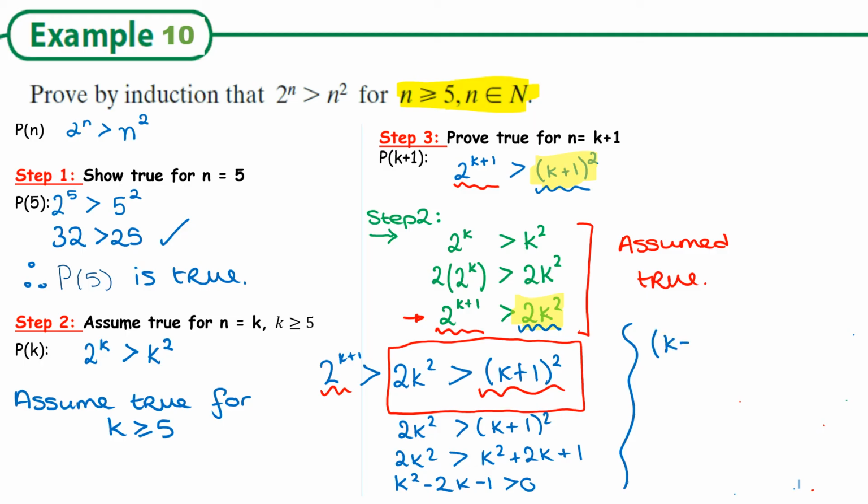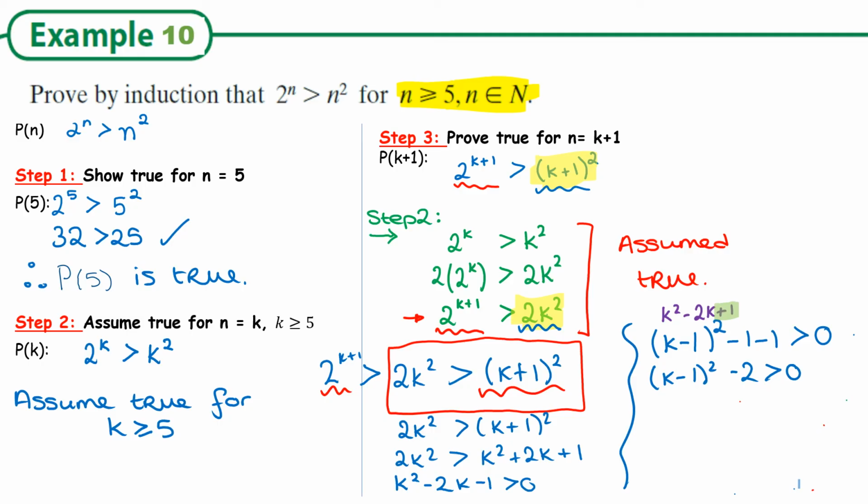So I'm going to write this as (k minus 1) squared. That gives k squared minus 2k plus 1, and that plus 1 was extra, so I need to take it away. I take away 1, and I already had a minus 1 there, greater than 0. So I have (k minus 1) squared minus 2 is greater than 0.